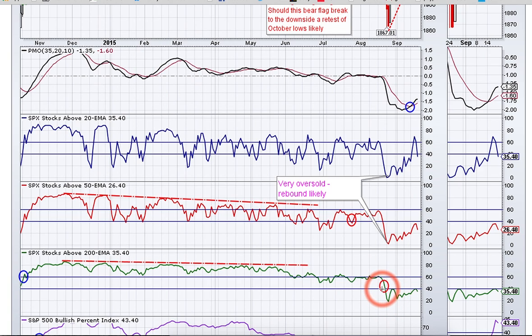Now my threshold for bullish versus bearish for the long term is 40% of stocks above the 200-day moving average. We clearly broke that support, and we were still not even able to get above 40% since this breakdown.